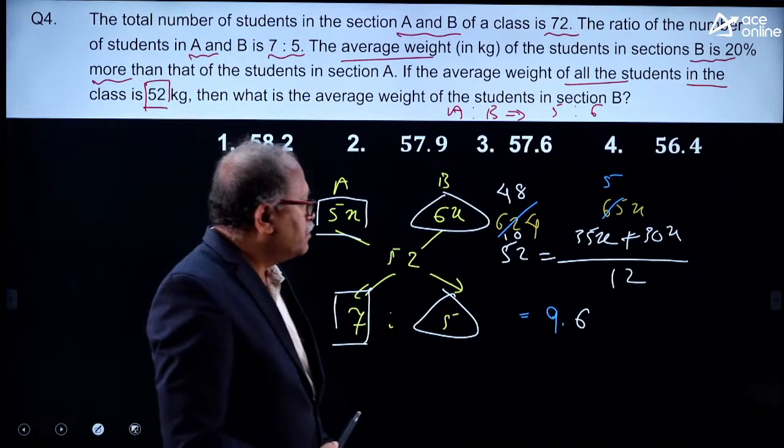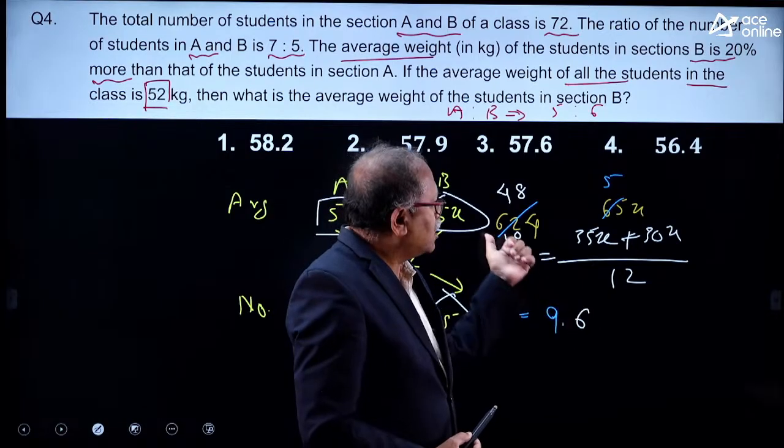Up to this it is okay. Am I missing any calculation over here?